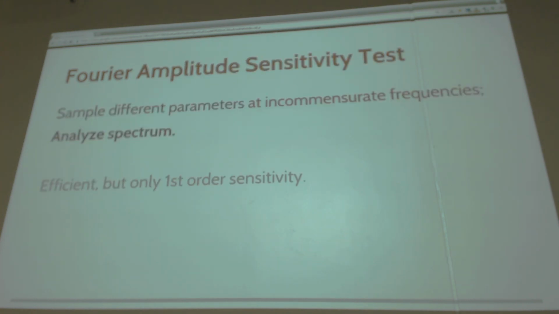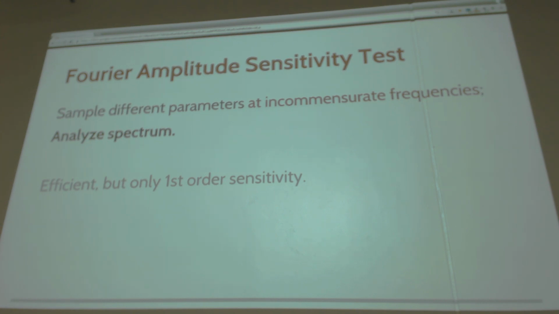Okay, there is also a really clever method for computing sensitivity with respect to multiple parameters called Fourier amplitude sensitivity test. The point is that we sample different parameters at different frequencies that are incommensurate, which means that their ratio is not a rational number. And then we analyze the spectrum of that.